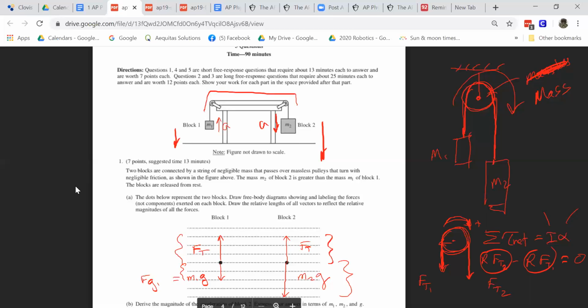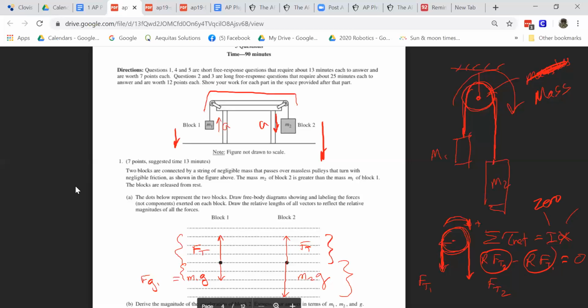You wouldn't have any angular acceleration of the pulley. Or you could say, maybe the pulley's spinning, but its rotational inertia is essentially zero. If it's massless, it has zero rotational inertia, and that would allow the tension forces to be equal.